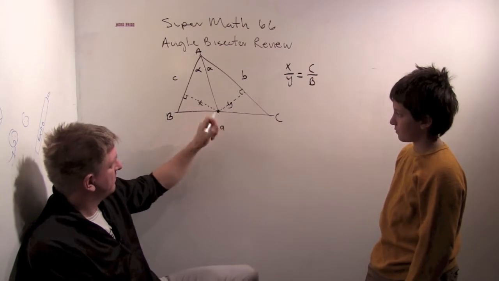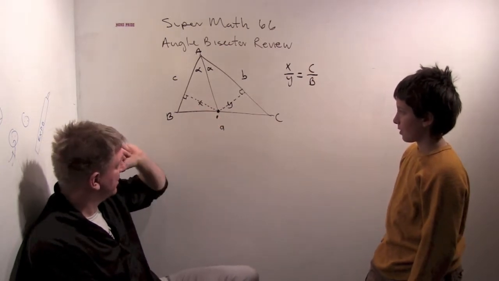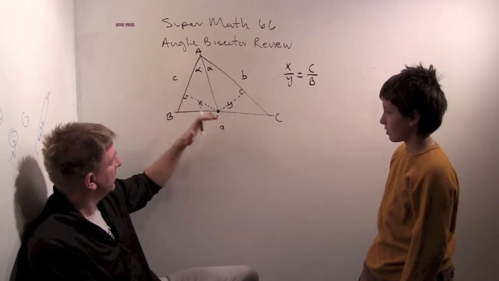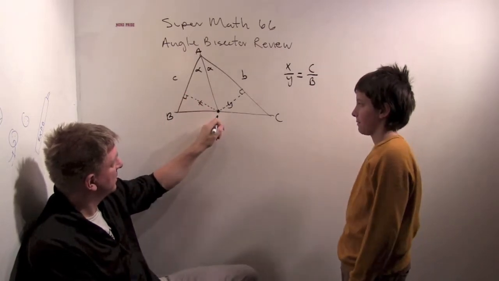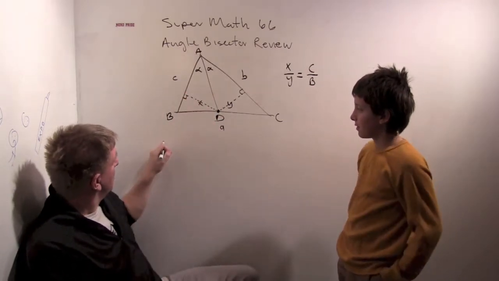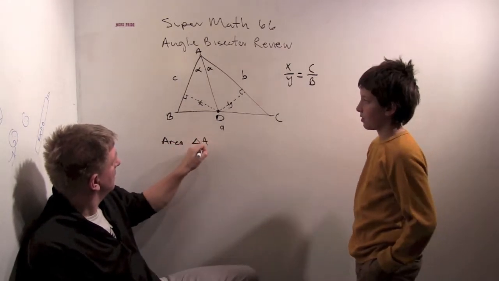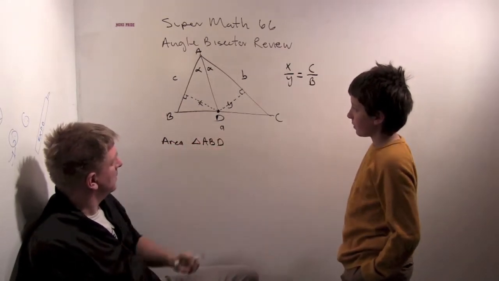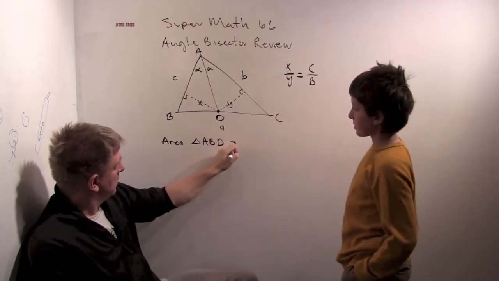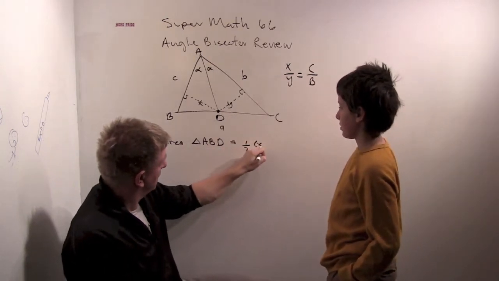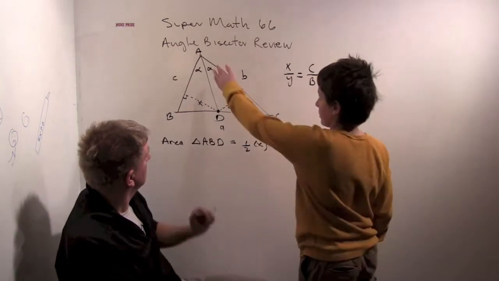I'll call this point M. Ooh, no, not M, because that usually means the midpoint. What letter do I have available? D. Okay, thanks. What's the area of triangle ABD? Well, it's 1/2 x times the height.